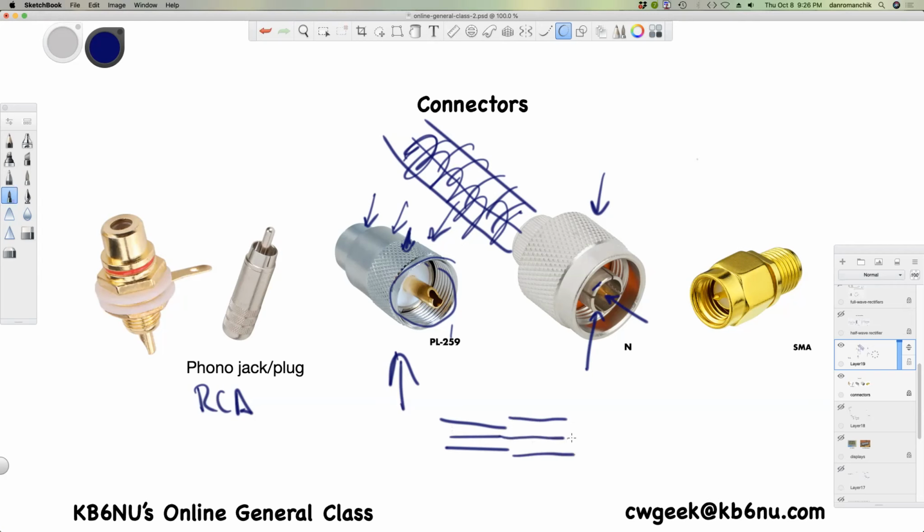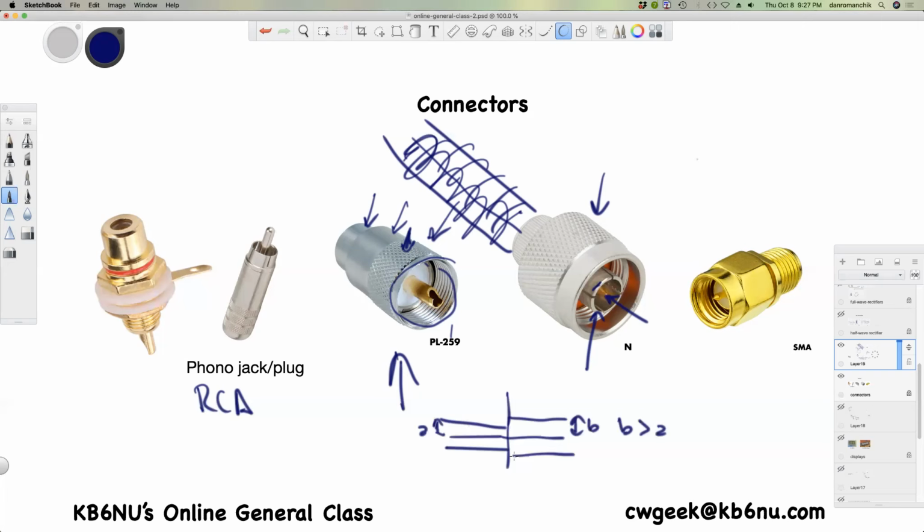This center conductor goes through to the pin, and the characteristic impedance of the line is dependent on not only the physical dimensions here, but the type of dielectric here, and that all changes once you get into a PL259, because now this distance B is greater than A. So the impedance is actually going to be different in that connector.